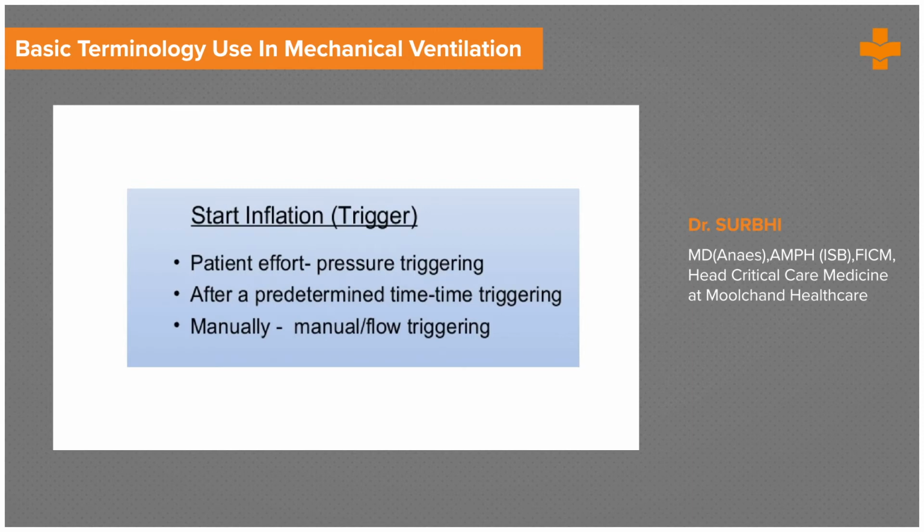Or if you're setting a rate in a controlled mandatory ventilation, it's time triggered, and after every set time, the ventilator itself will trigger into inspiration. And the last one is flow triggering, where there is a change in the flow in the expiratory circuit, which is recognized by the ventilator, and that triggers the inspiration. So we have pressure triggering, time triggering, and flow triggering.